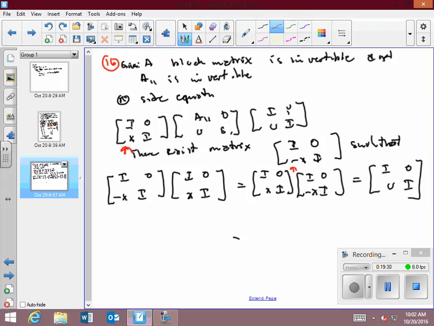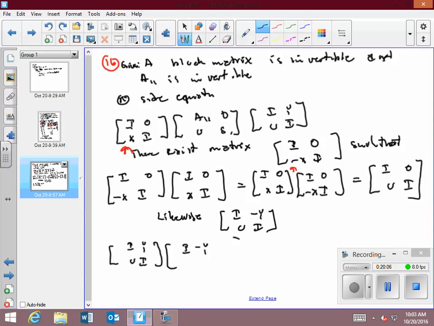And then likewise, you can say there's an I, Y, 0, I, and I'm not going to show it either way, but it's when you do I, Y, 0, I times I, minus Y, 0, I. So this one's the inverse of this one.